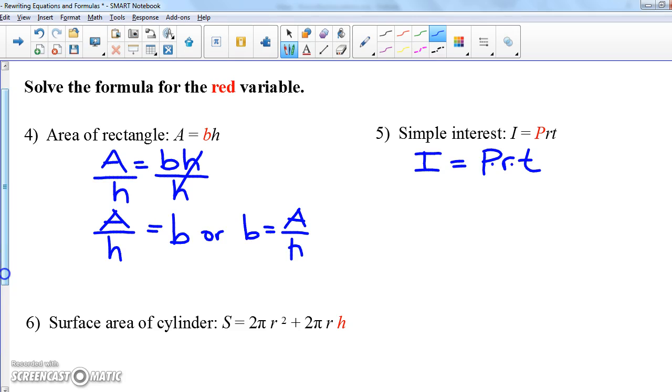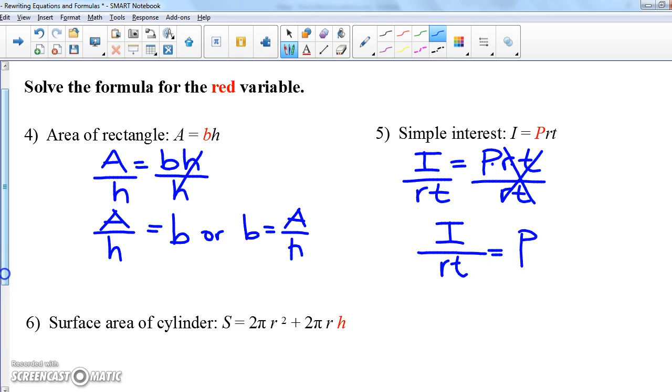So if I want to get p by itself, I need to divide away the other things. And just like in the previous example with the cone, I could divide by r and then by t, but I might as well just do it all together, okay? So I can actually go like that, and that gets rid of that, and that gives me I over RT equals P, and if you flipped it before you started, same thing, P equals I over RT.